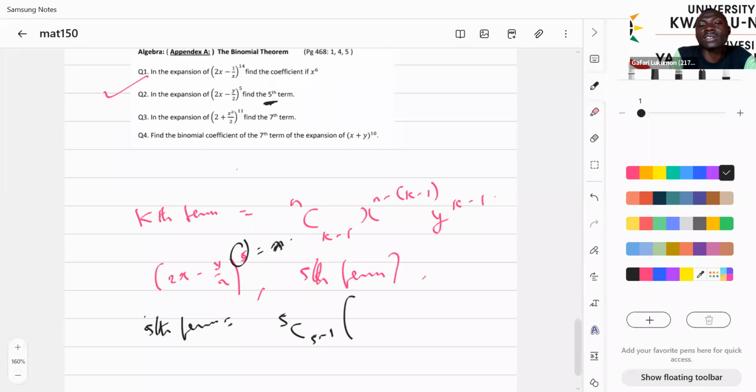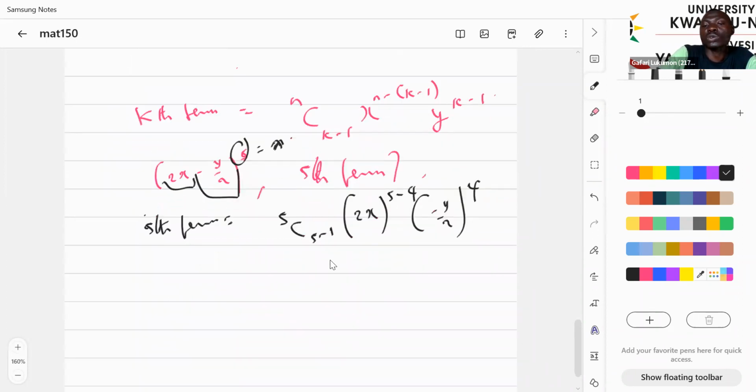This is your s, the first term, that is 2s raised to power what? n minus k minus 1, that is 5 minus 4. Then your y is all of these, minus y over 2. k minus 1 is also 4.